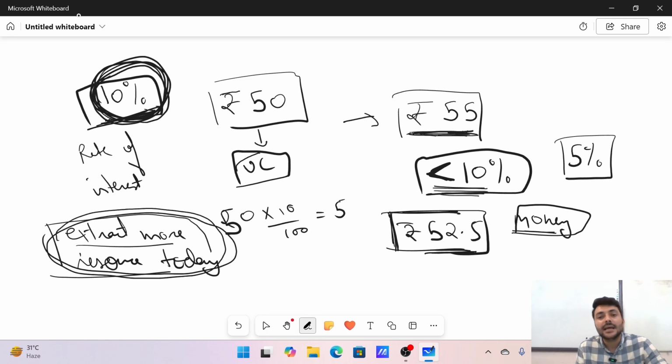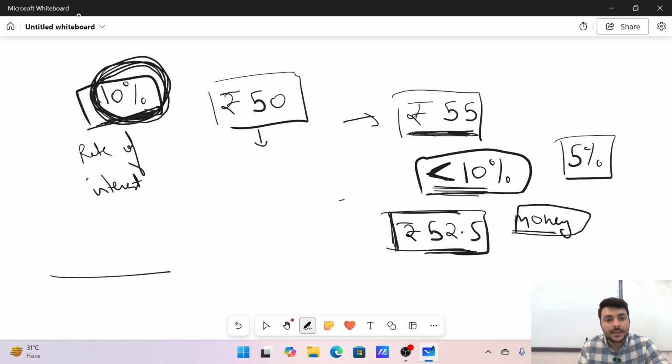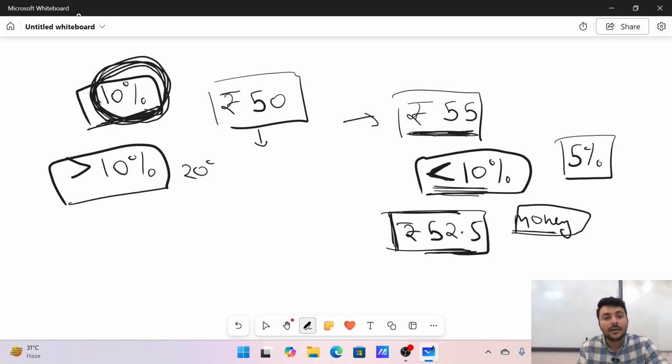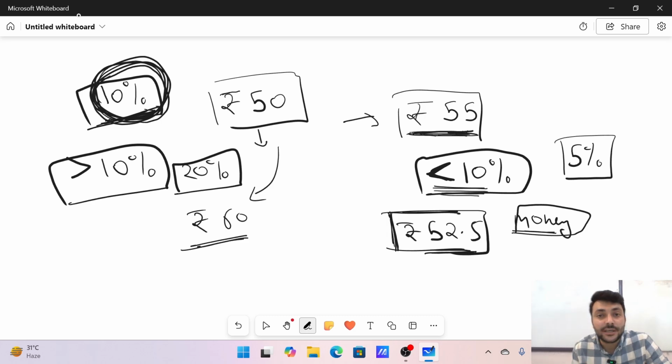Now reverse this case. If the user cost increases by more than 10%, let us assume that in the next time period, the user cost increases by 20%, wherein in the next time period, the user cost will become rupees 60.